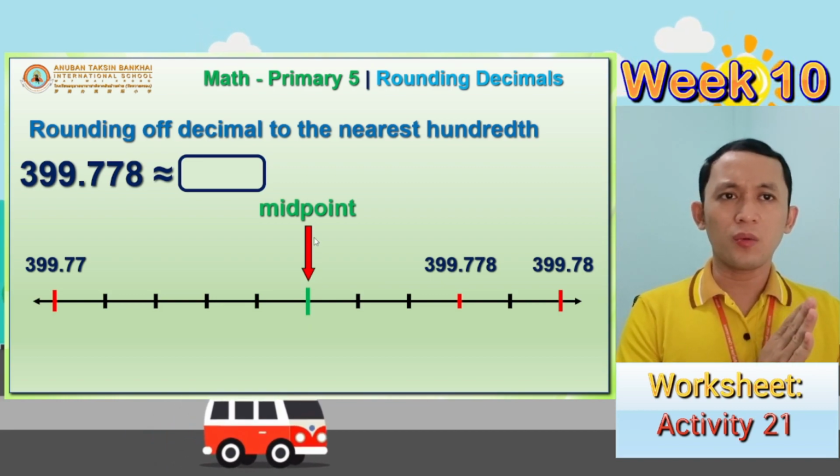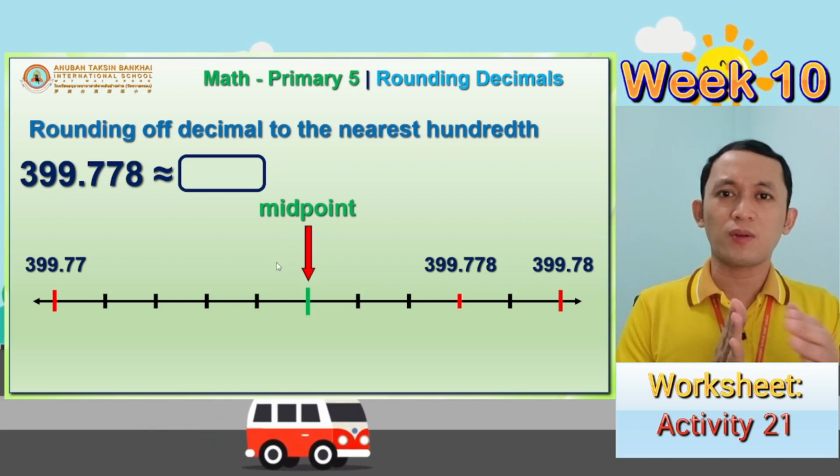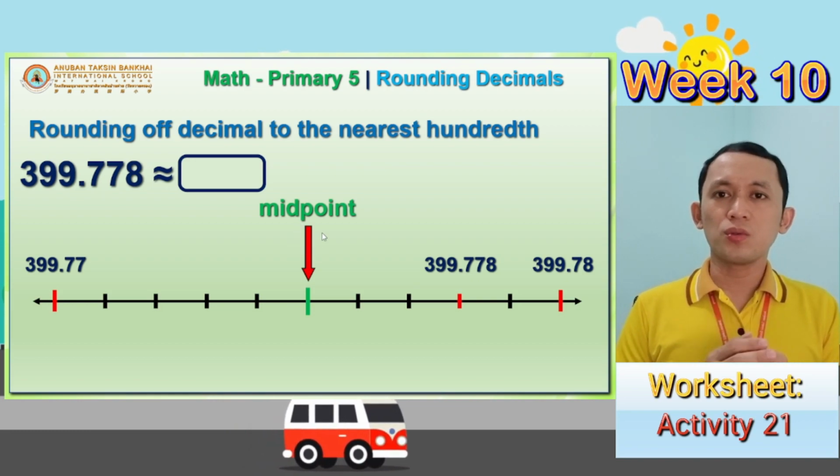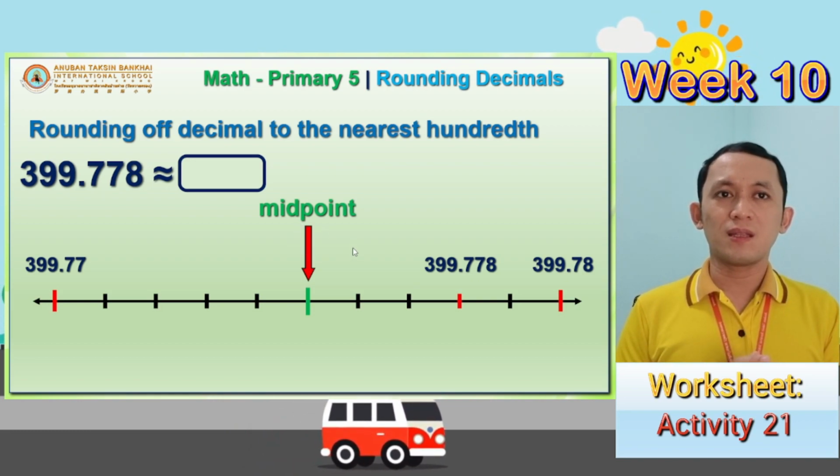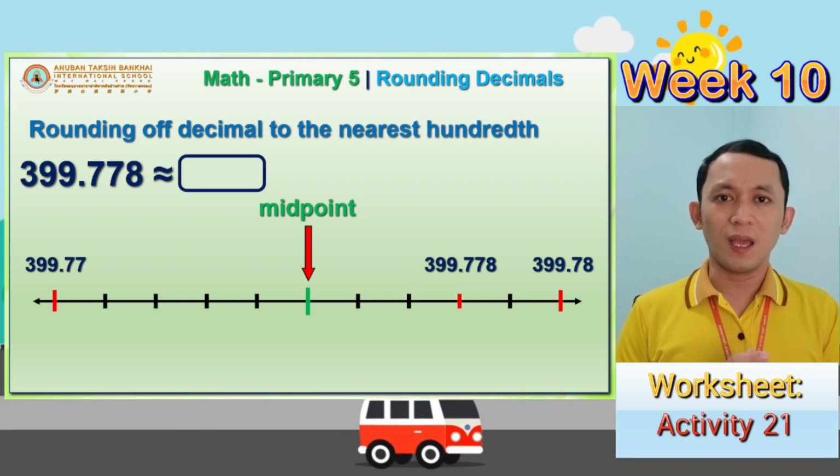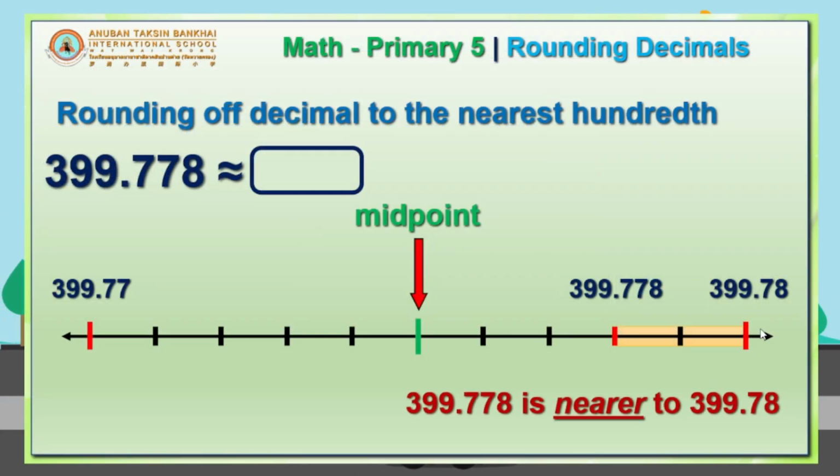So if you are going to check this one, it's very clear that 399.778 is nearer to 399.78. So it's near on the number on the right side.